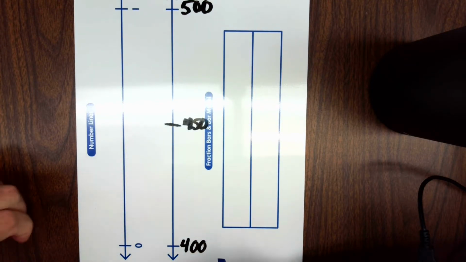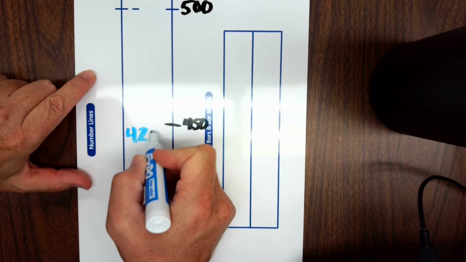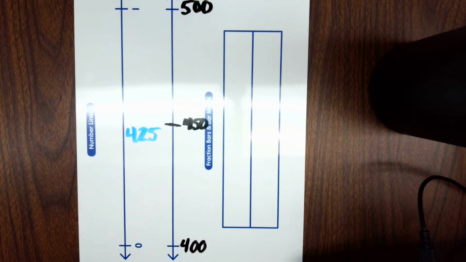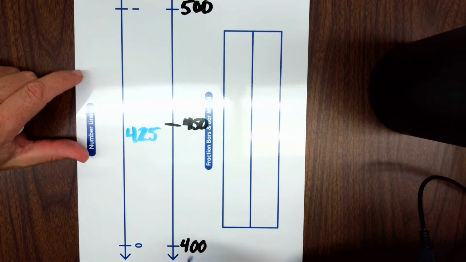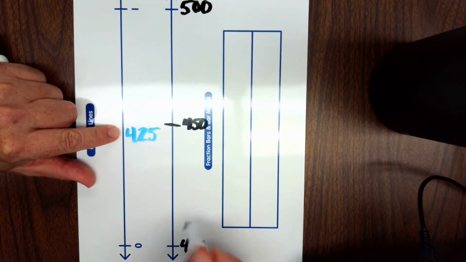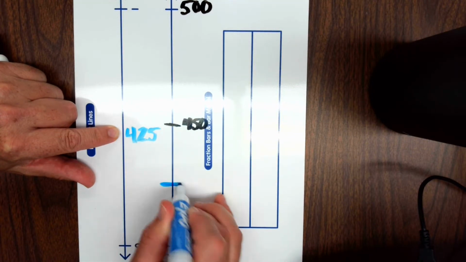And in this example, the number that we're going to be rounding is 425. And so the book might ask, is the number 425 closer to 400 or 500? And this is where our vertical number line comes into play. So we can plot the number 425, which is between 400 and 450.